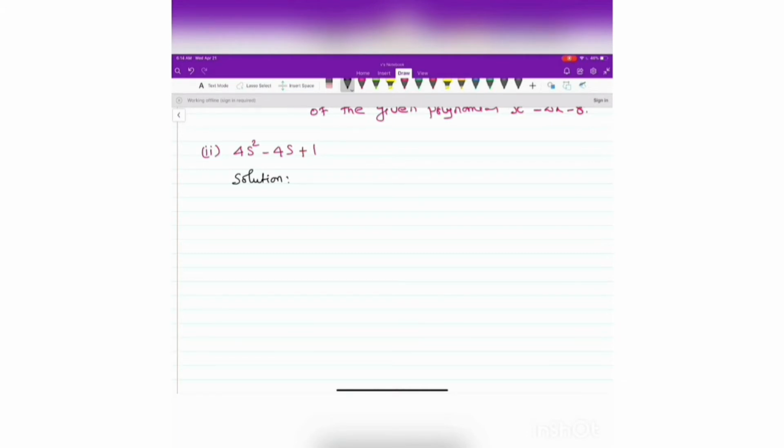So let us take let f of s is equal to 4s square minus 4s plus 1. Now we have to factorize this polynomial. So I can write 4s square minus 4s plus 1 as 4s square minus 2s minus 2s plus 1.